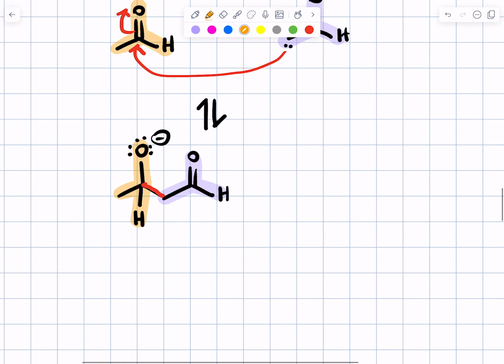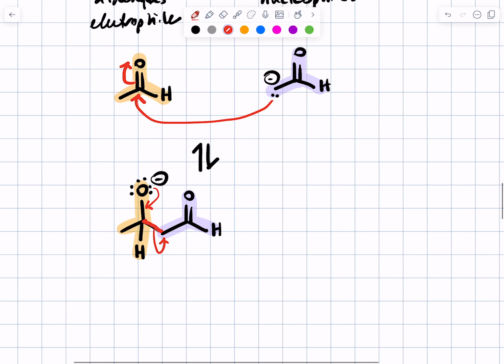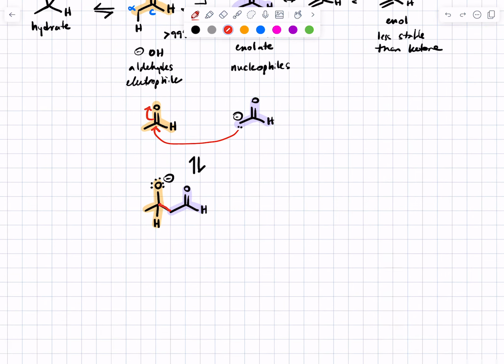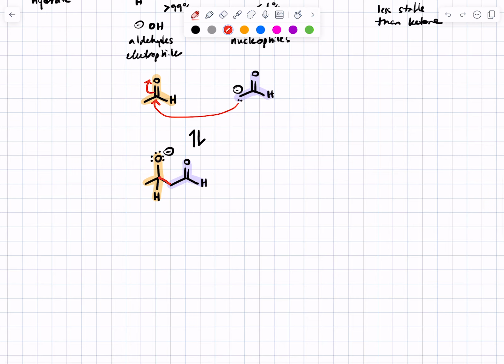Now, why did I use a reversible arrow here? I'm communicating that it is totally reasonable for the negatively charged oxygen to kick off the enolate leaving group. Why? Because it's resonance stabilized. So then what happens?